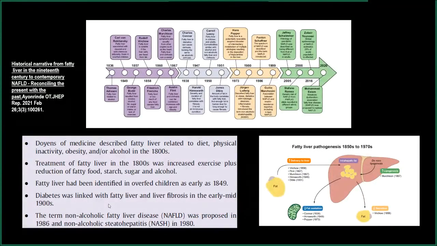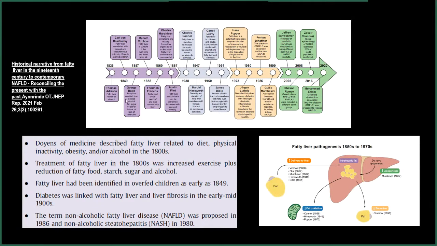So I'll first start off with a bit of a historical perspective on this. One of the things that I liked here was to note that the first description of fatty liver, in 1836, was by Thomas Addison. We all know Addison for Addison's disease, but he also described fatty liver. So from the beginning, it was an endocrinologist who was interested in this.